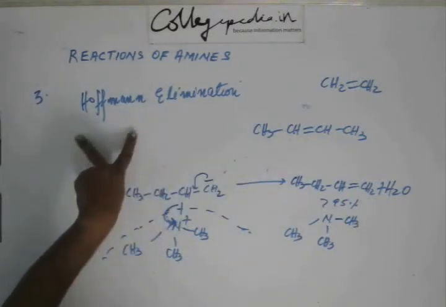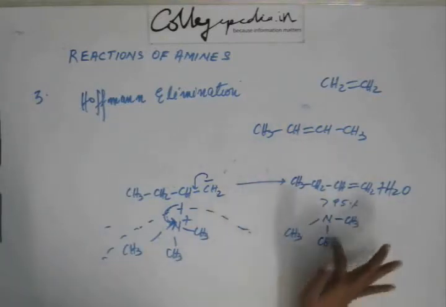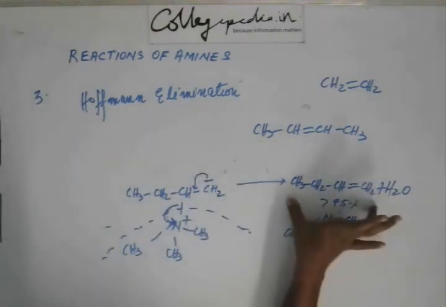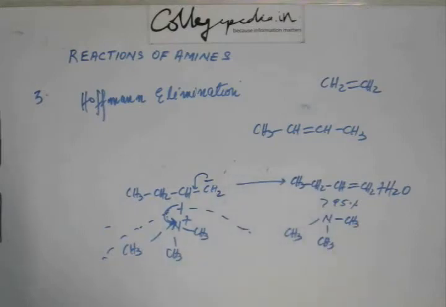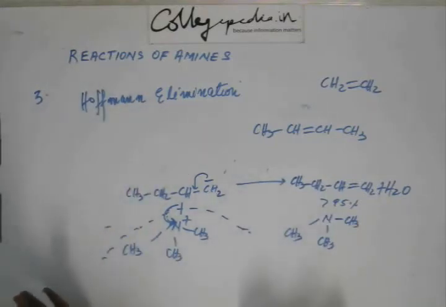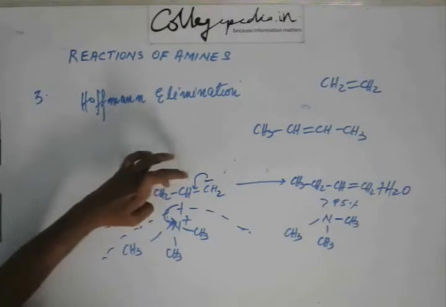As per Hoffmann rule, a less substituted alkene is formed, or a thermodynamically less stable alkene is formed, because in this case we are seeing that the stability of the final product is not as important as the stability of the intermediate is. So we have written the product not from the point of view of stability of product, but from the point of view of stability of this intermediate anion.